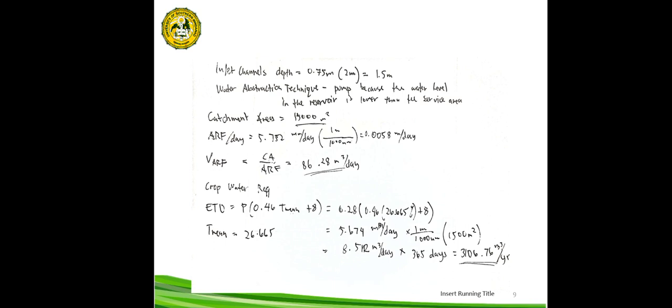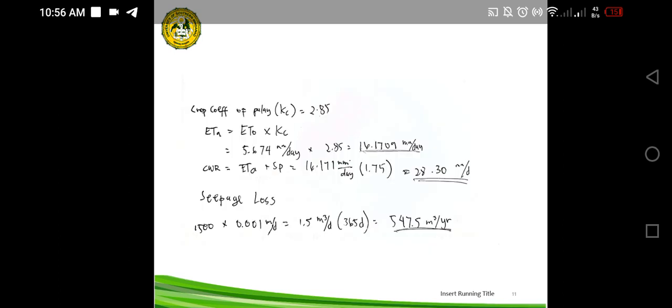The ETo is equal to 5.67 mm per day times 1 meter over 1,000 mm times 1,500 meters squared of area of the reservoir, which is equal to 8.512 meter cube per day, times 365 days for 1 year. We have the ETo of 3,106.76 meter cube per year.